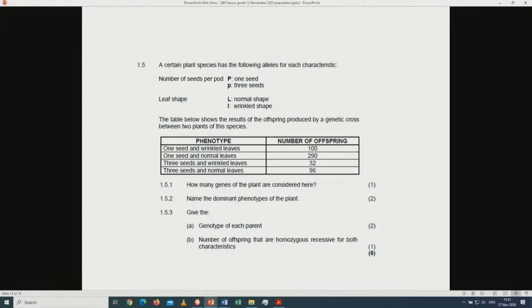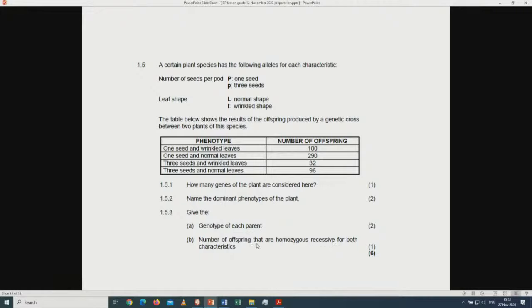If it is one seed, you know it's capital P, normal leaves will be capital L, or capital P, capital L, small l.